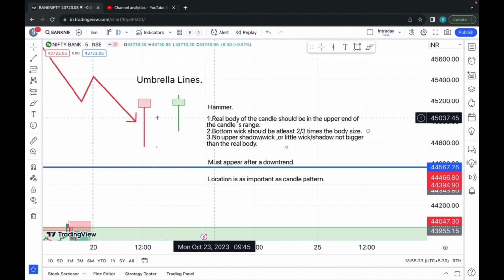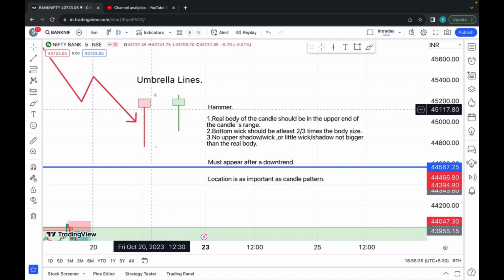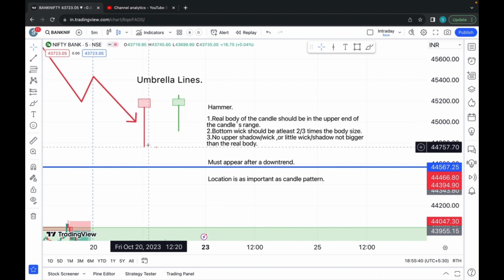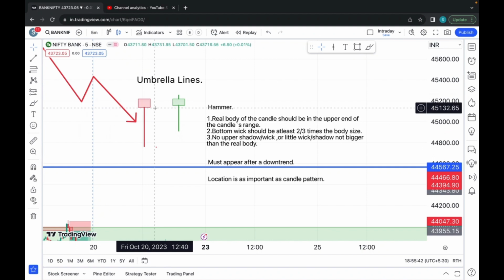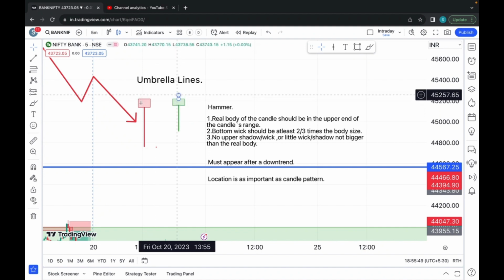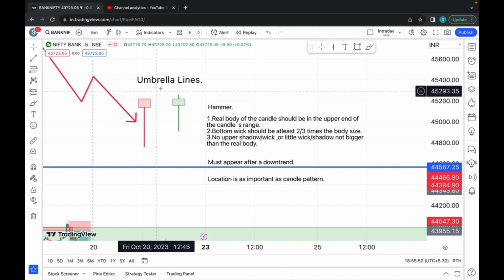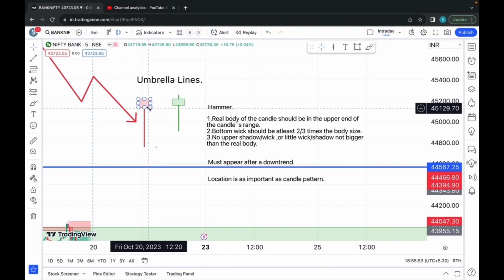To summarize, the candle must have a real body towards the top portion of your candle, and the second point is it should have the wick size at least 2 to 3 times of your real body, and the third point is it can have a very minimal wick or no wick at all in order to consider this as your hammer.